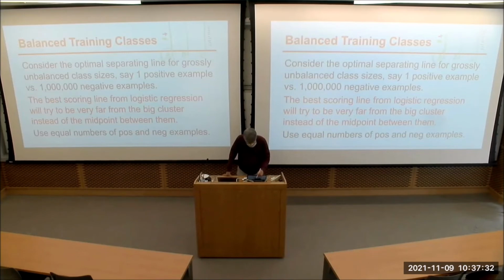What would we want the separator to be if we had an equal number of positive and negative examples here? I think most people will say we want B. Generally speaking, I think B is actually a better separator, even in the sparse case.